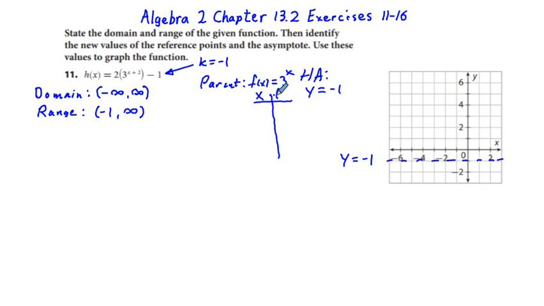So I put x, f of x, input values of 0, which will determine our y-intercept, and 1. If we put in an input value of 0, 3 to the 0 power is 1, and for an input of 1, 3 to the first power is 3. So these two coordinate pairs, 0, 1 and 1, 3, are the reference points that we are going to transform to determine and graph this function.